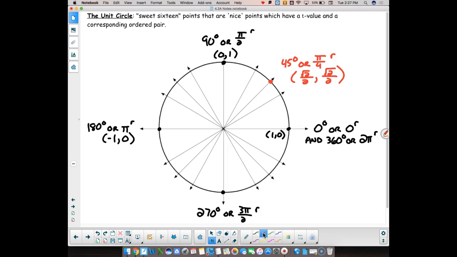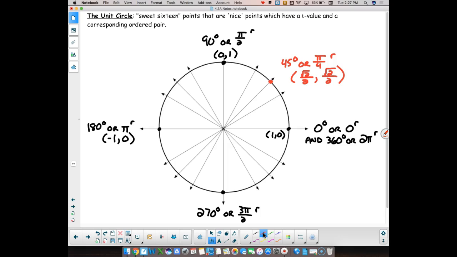The nice thing about a circle is that no matter where you cut it, it is symmetric. Okay? Which means that it has reflexive powers.